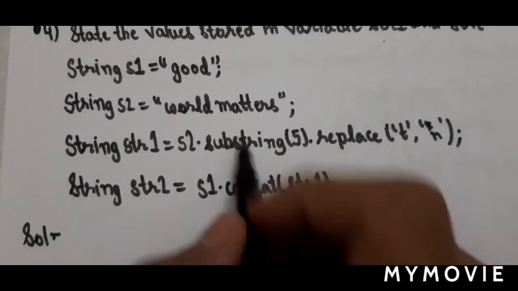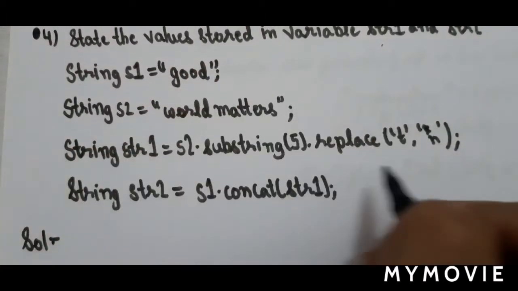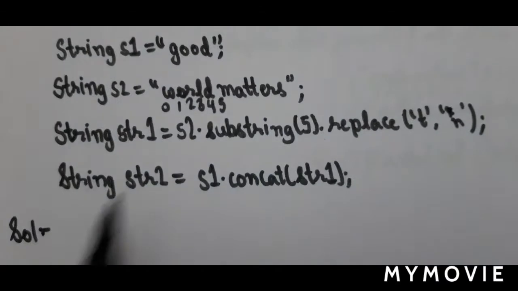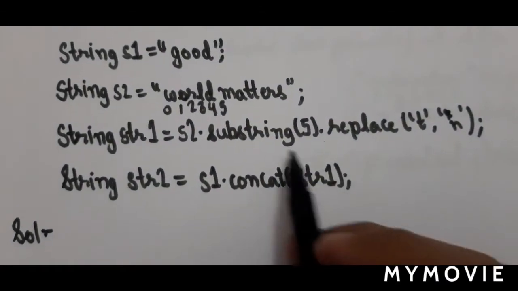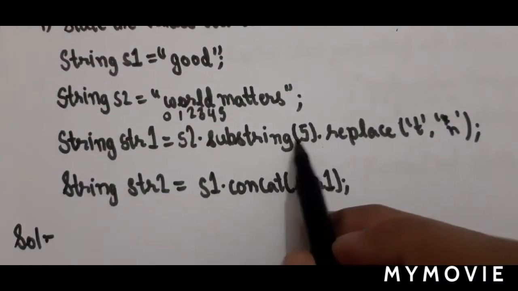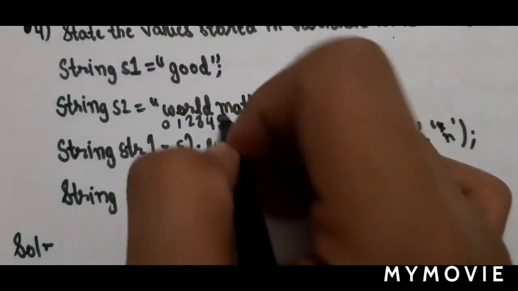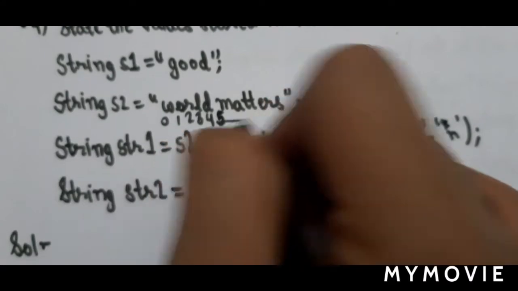So we start from 0, 1, 2, 3, 4, 5. Now we should replace t with n. It takes from 5 to the rest.